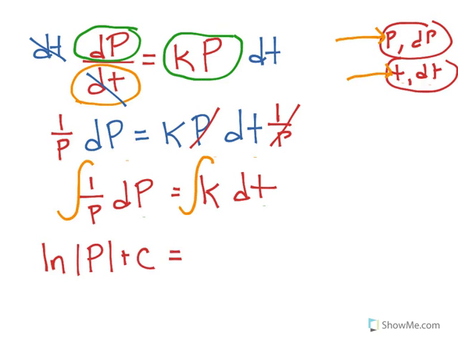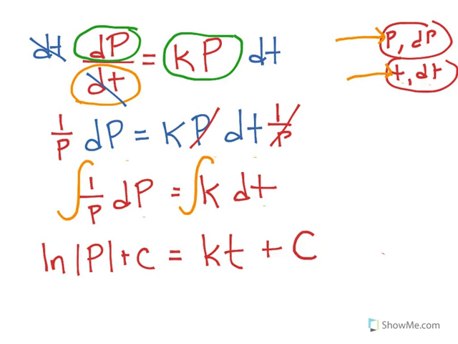Equals, this is like having a constant here. What would be the integral of 3? Well, the integral of 3 dt would be 3t, because the derivative of 3t is 3. So guess what the integral of k is going to be? It's going to be kt plus c. Okay, I've got to be careful for a second.